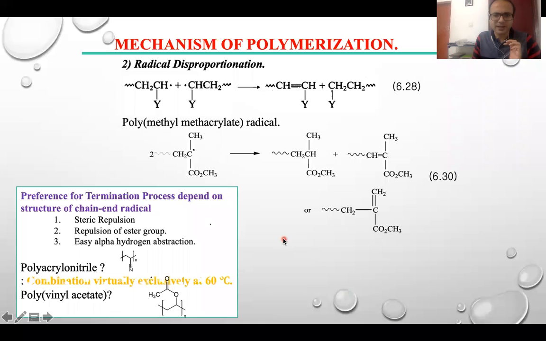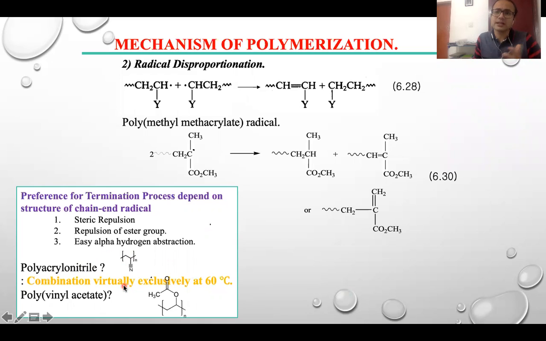So the correct answer is the first one, polyacrylonitrile. They will prefer to undergo radical recombination. That means radical combination or coupling. Okay. Why? Because they are not sterically that crowded. CN is a very small group, so it's not very sterically crowded. So they will prefer to undergo radical combination.